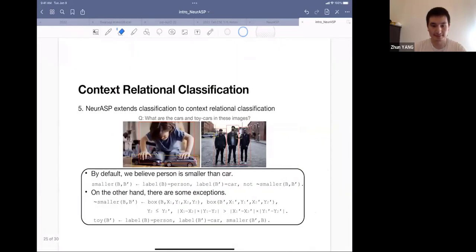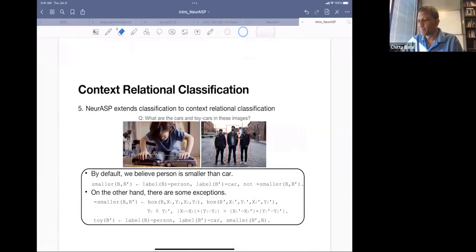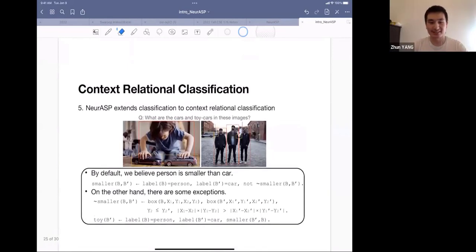Okay, that's there. Okay, explain this one. Okay. So here it's still an inference example. Basically, we use a neural network to identify some people and cars, and the neural network won't have the context information, like a person should always be smaller than a car, typically, right?